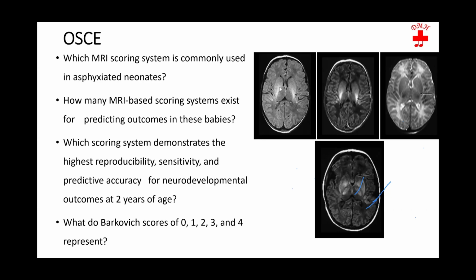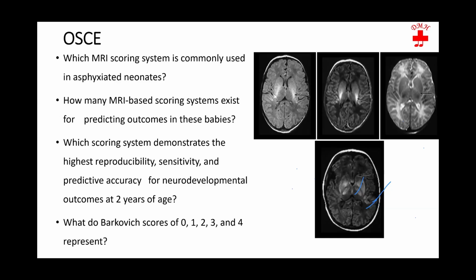Now what you see here is the posterior limb of the internal capsule. So you can see some signal intensity, right? This is normal. We should be able to see signal intensity in the posterior limb of the internal capsule. So loss of this signal intensity would be abnormal. Here you cannot see the signal intensity, right?